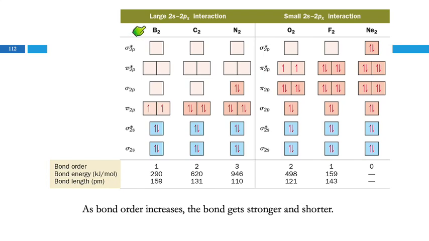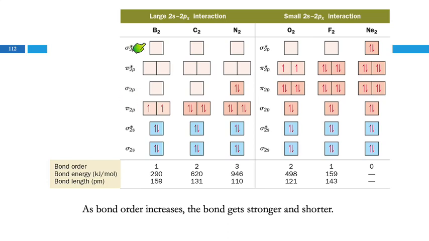So B2, well, how many valence electrons does each boron have? It has 3, right? So we have 2 borons, so a total of 6 electrons, right? So those are going to go 1, 2, 3, 4, 5, 6. They're going to take their own orbital because they can, right? Carbon has 8 total electrons. 1, 2, 3, 4, 5, 6. Now they have to pair up. 7, 8.